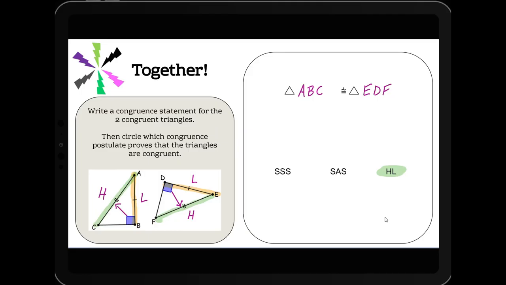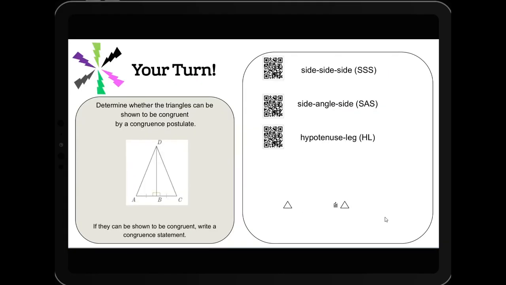Little tip for right triangles, I tend to make the right angle the middle letter. I typically do that with right triangles, and that can be helpful for you when you're writing your congruent statements out. So what I would do here is pause the video and see if you can come up with the correct response for this particular problem.